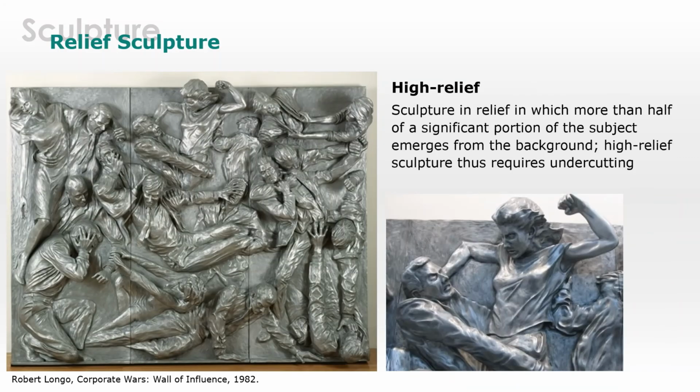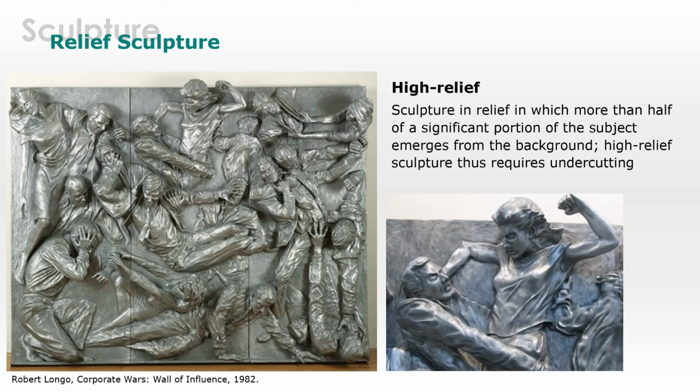In high-relief sculpture, more than half of the natural circumference of the modeled form projects from the surrounding surface, and figures are often substantially undercut. This is the case with Robert Longo's work here, where many figures converse in painful conflict.